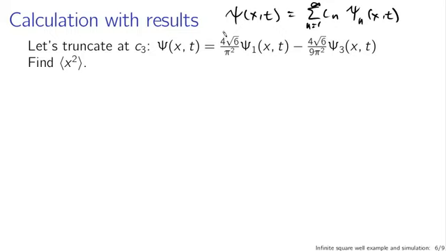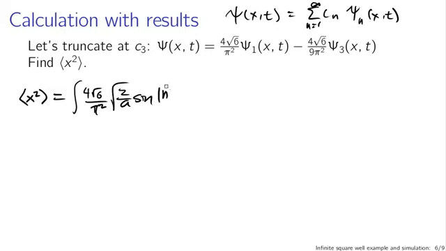So let's find the expectation of x squared. Knowing the form of these functions, and now knowing the values of these c sub n from Sage, you can write out what x squared should be. This is the expected value of x squared, and it's going to be an integral of these numbers, 4 root 6 over pi squared times psi 1, which was root 2 over a sine, not n, since we're just dealing with psi 1 now, we have pi x over a.